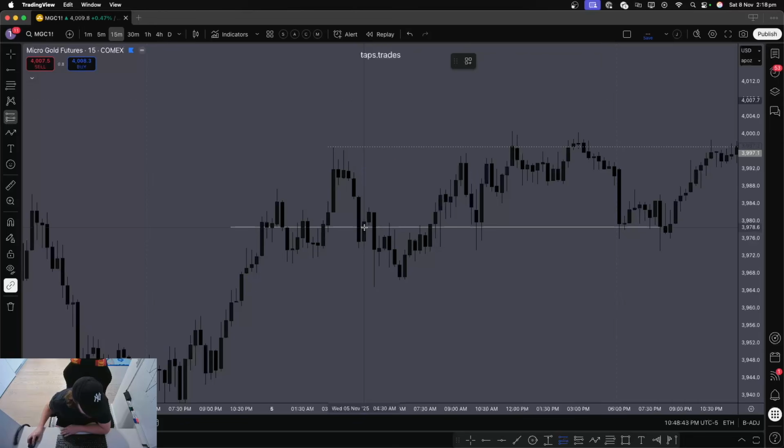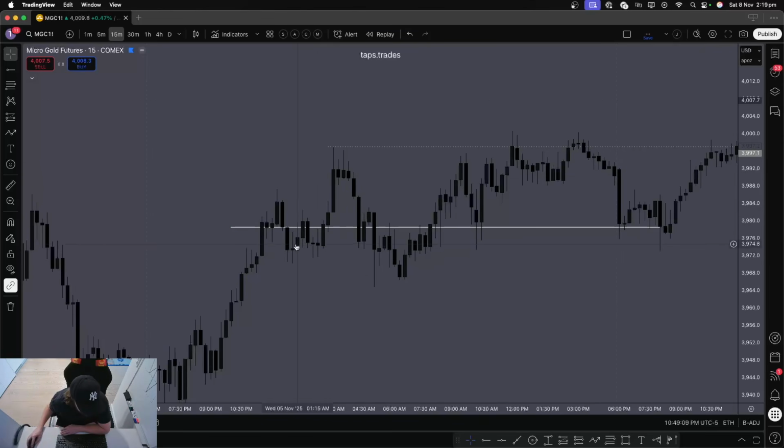So say we entered here, overall targets here, and your stop loss was below the swing low, you definitely would have got stopped out. But that's fine, because it doesn't mean it's game over or the trade's finished. If there's a valid setup later, you can take the valid setup later.